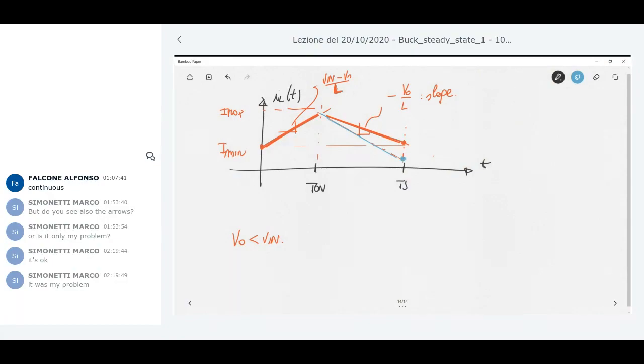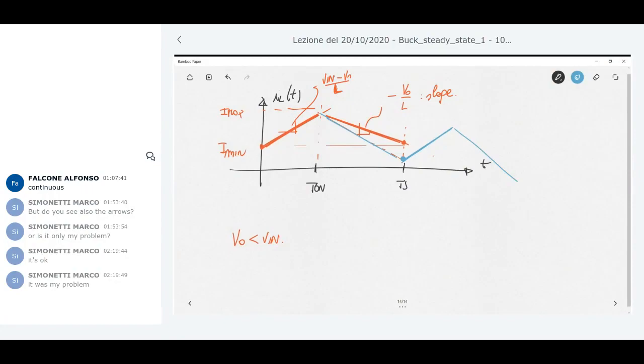The next cycle has the same behavior as the first one, same slope, same time interval T on, and then the current goes down. So I have a situation in which the inductor current is not constant cycle by cycle. So the blue situation is something that is not a cyclostationary condition. Cyclostationary means that there are no transients.